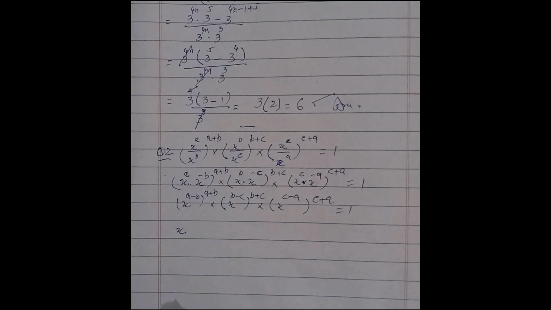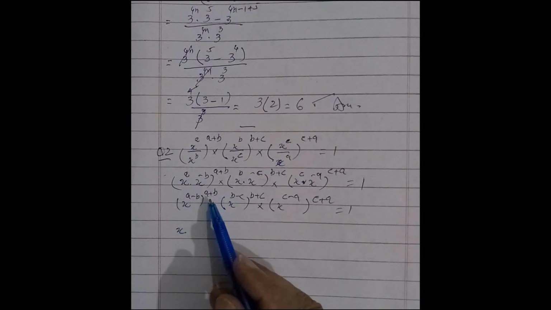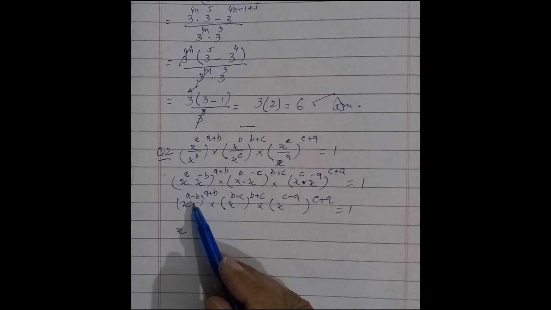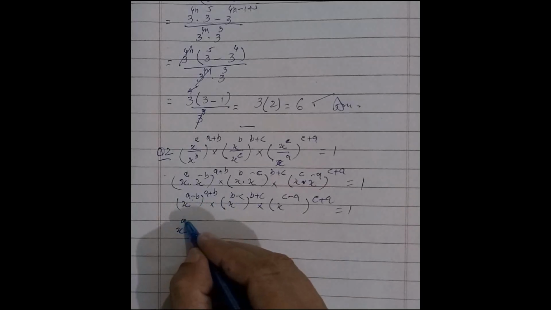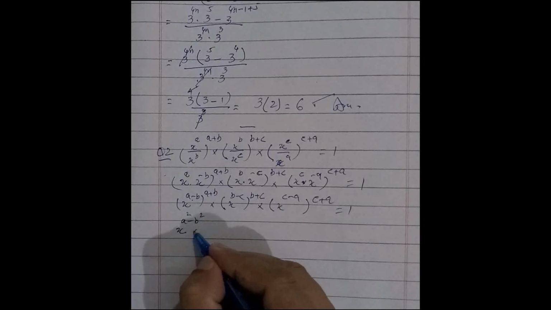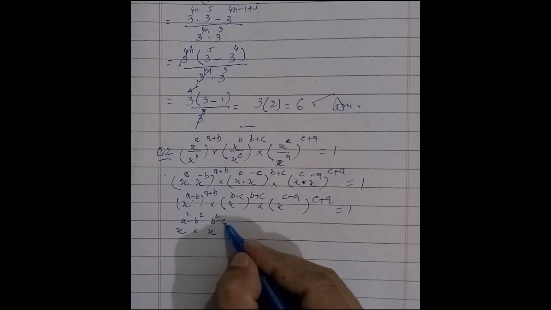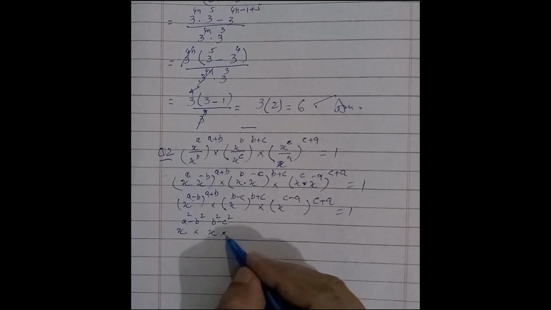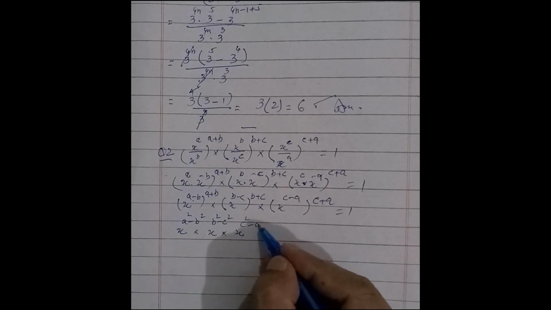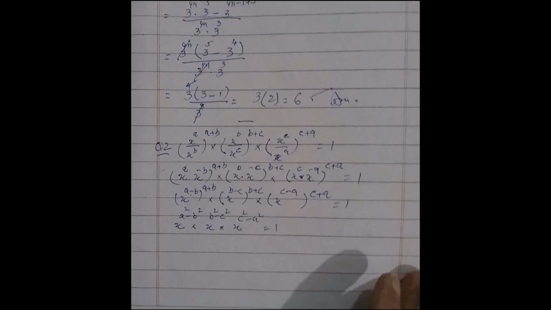Here we know the formula a square minus b square is equal to a plus b into a minus b. So when we multiply a minus b into a plus b, we get a square minus b square. In the same way, the other values are x power b square minus c square into x power c square minus a square is equal to 1.